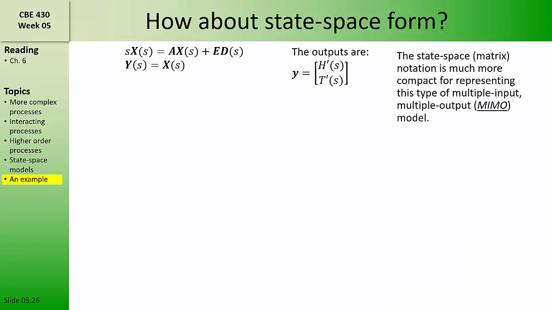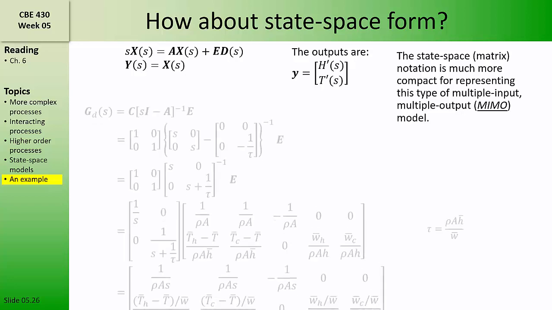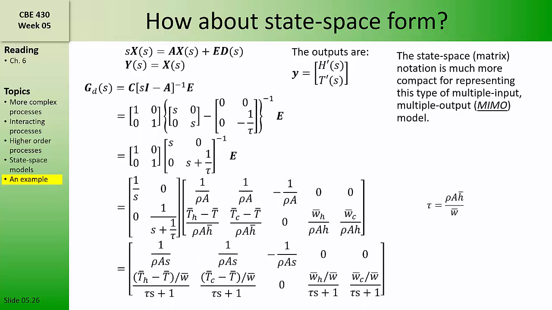The state space, or the matrix and vector notation, is obviously much more compact for representing this type of multiple input, multiple output model. Furthermore, when we write the state space form in the Laplace domain, we can use these matrices to derive the transfer functions.